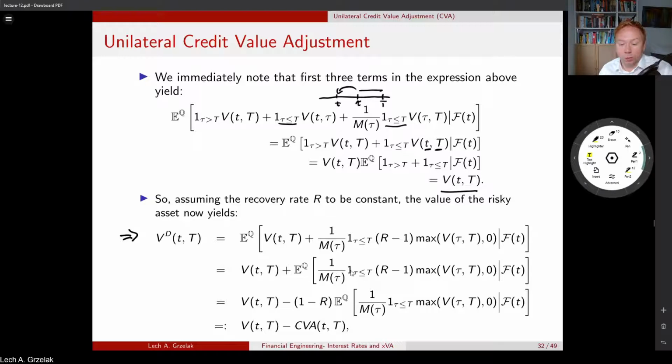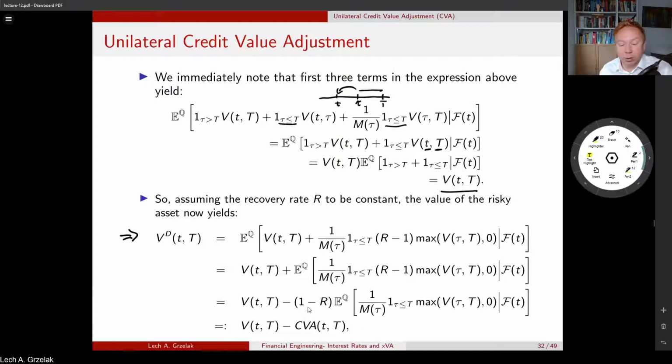Now we have discounting from the moment when the default will take place, as long as it is smaller than capital T. We have a recovery rate, so this is the deterministic part. We have this maximum of the exposure. Of course, this part is constant, we can take it outside of the expectation, and we end up with the following expression.